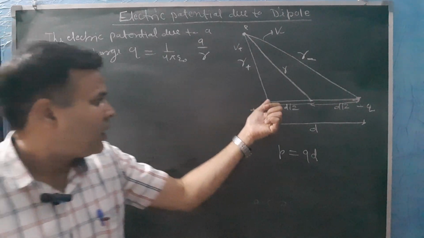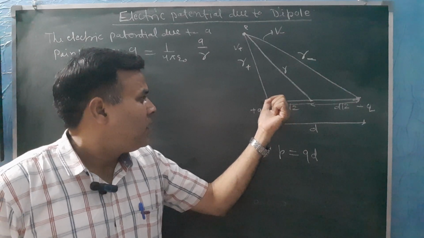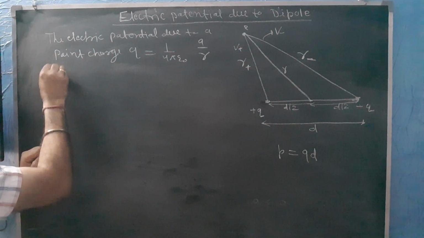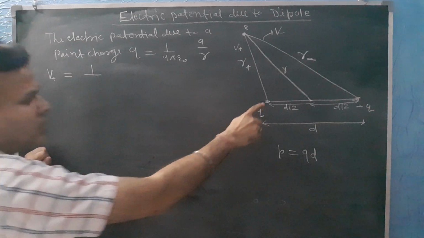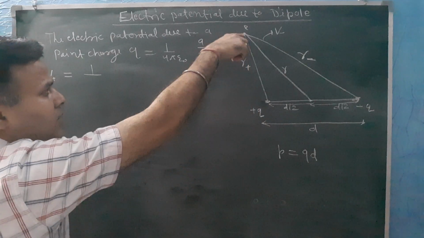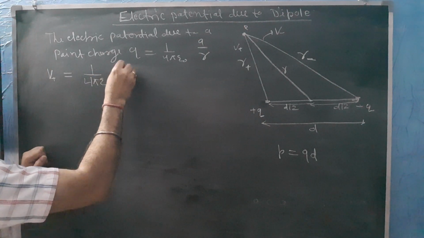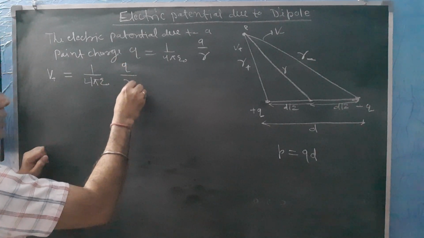So in this case, the charge is plus q, and the potential due to this plus charge at this point is V plus, whose distance is r plus. So V plus is 1 upon 4 pi epsilon 0 times q by r plus.